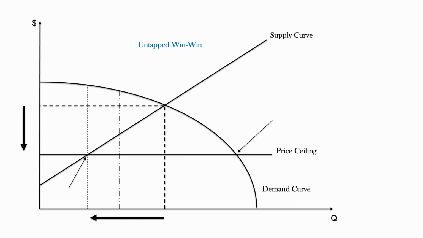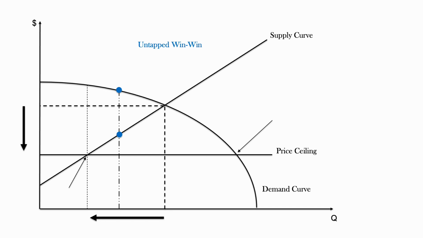So for this untapped unit, the amount of money that the individual consuming it was willing to pay is this blue dot. And in comparison, the amount that the supplier needs to supply that unit is that amount. So the supplier was willing to supply that unit for less than the consumer was willing to pay for it.